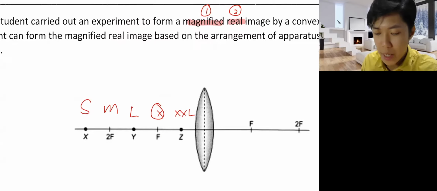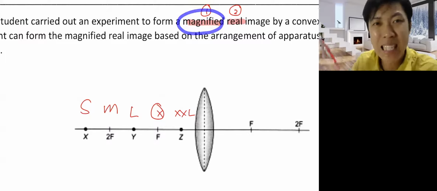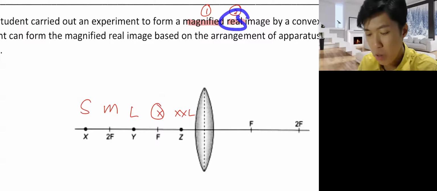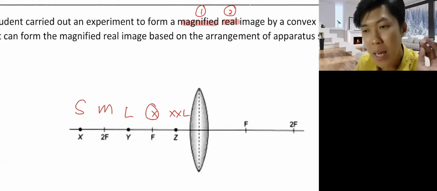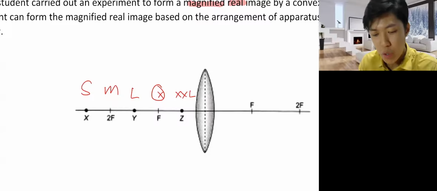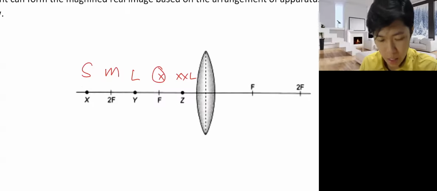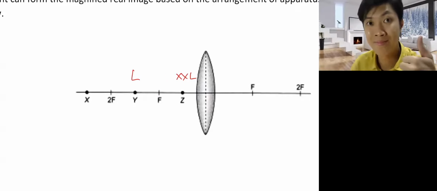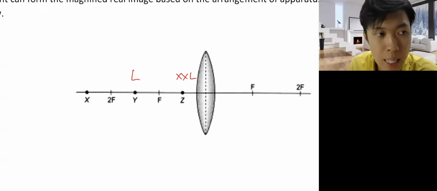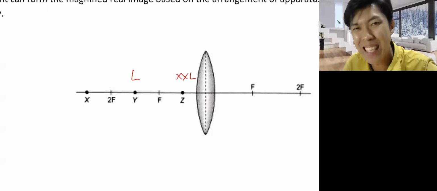Follow the criteria: magnify means larger. Real, all of them are real except for the last one. If I want my image to be larger, you can already kick out a few. So you have either Y or Z now.